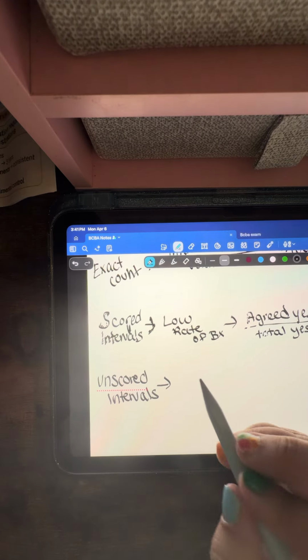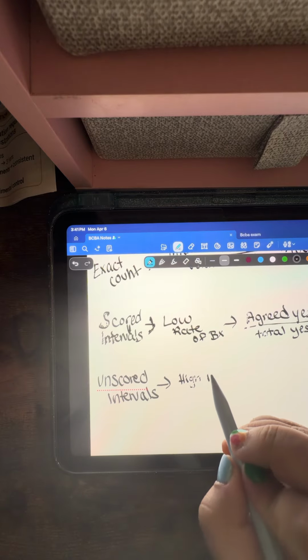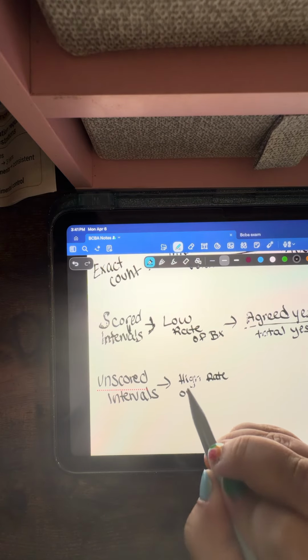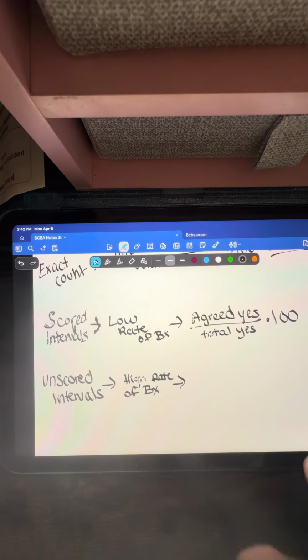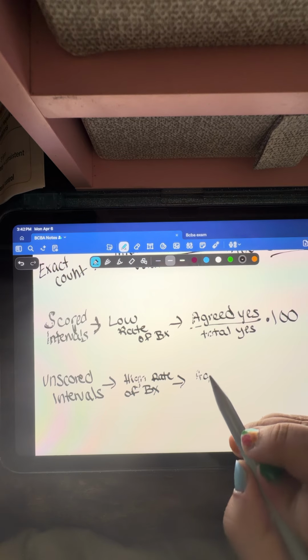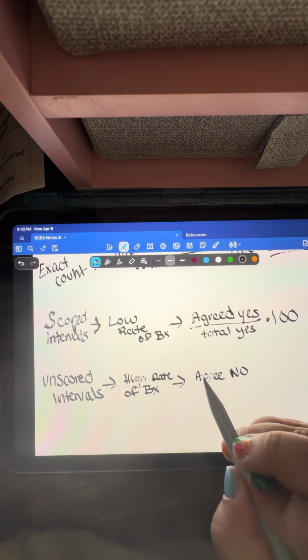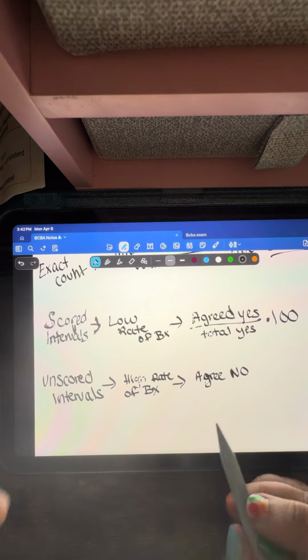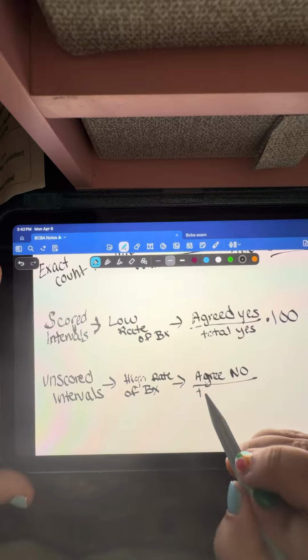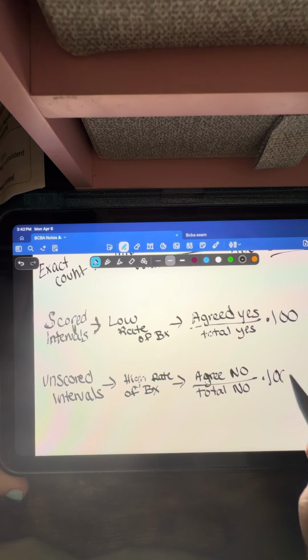Unscored is literally the total opposite, right? It's for high rate of behavior. So we know 95% of the time it is happening. So what are we going to do? We're going to look at the agreed upon no's over the total no's times 100.